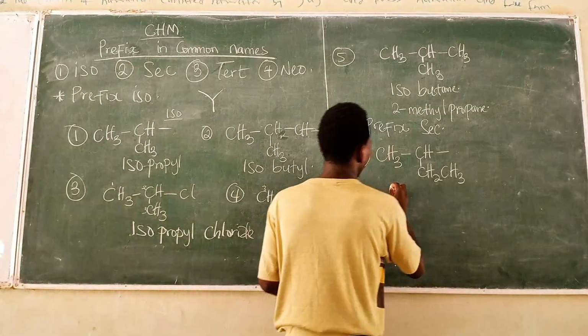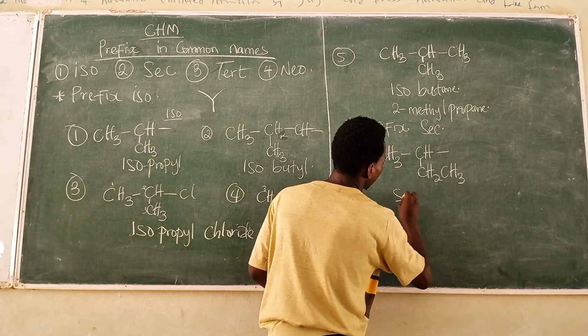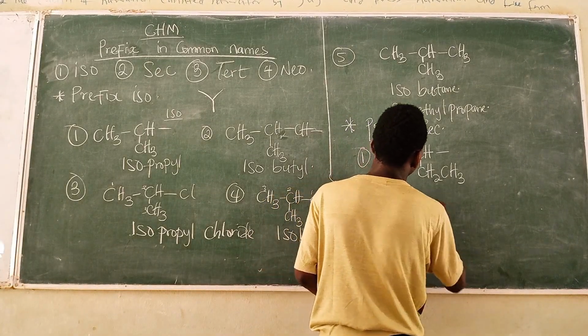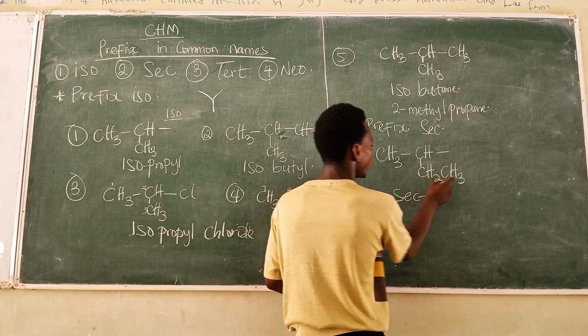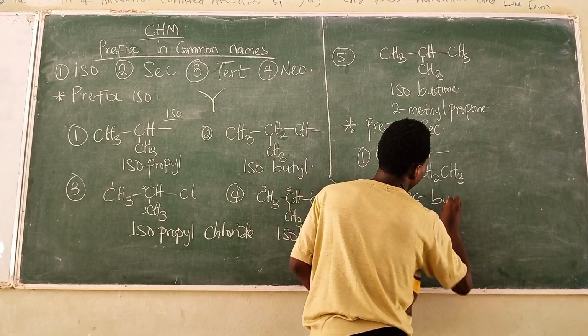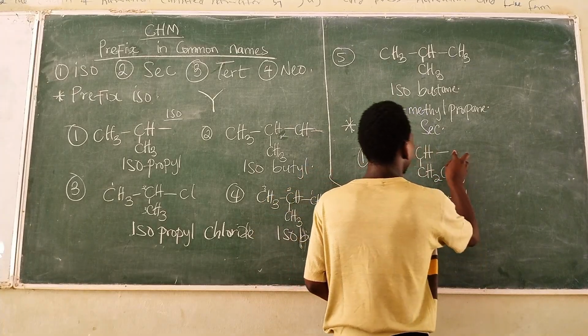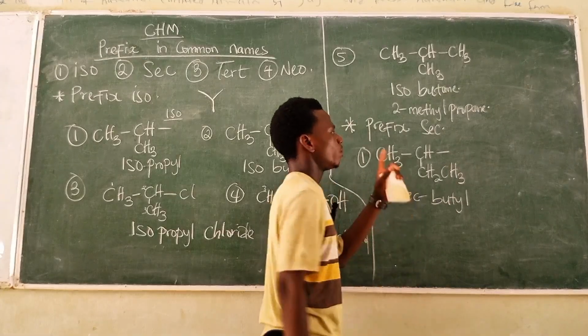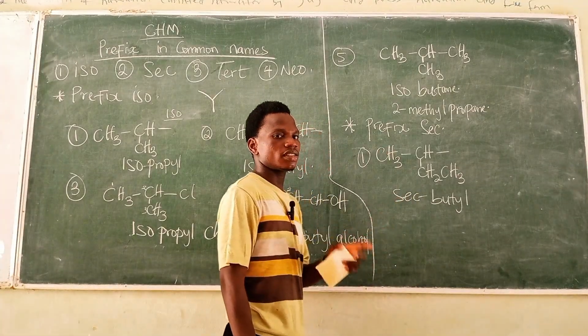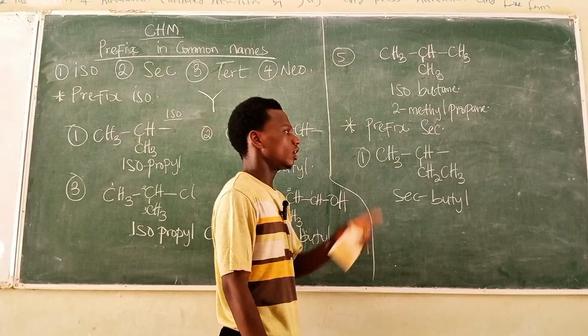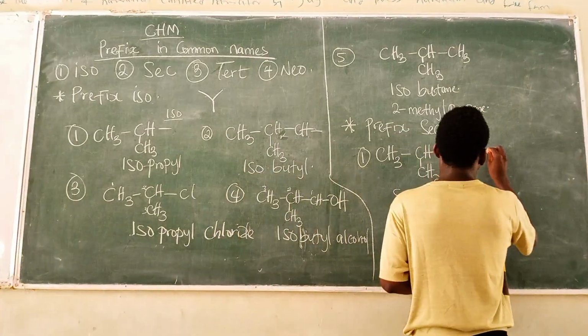In this case, we are going to call the name of this compound sec-butyl because of 1, 2, 3, 4 carbon atoms. It is butyl because it is connecting to a parent chain. That is why it is a sec-butyl. Now, let's look at a second example.